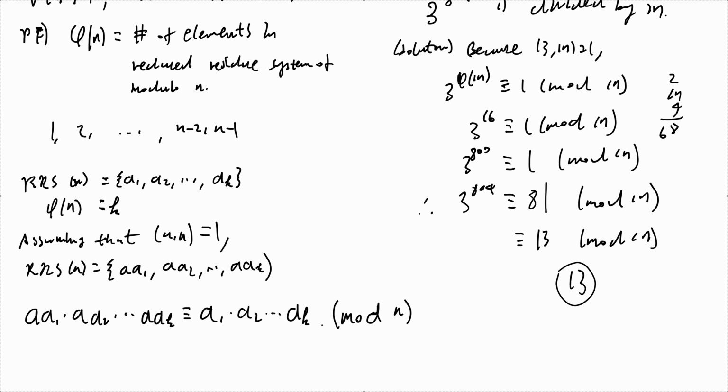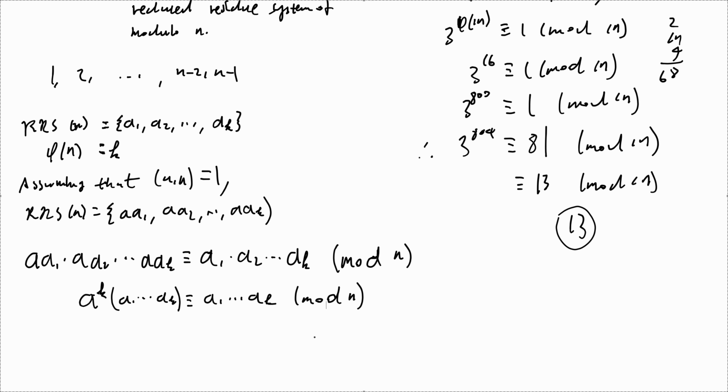Okay, now how many a's are there? There are k a's here, and then times a sub 1 through a sub k is congruent to a sub 1 through a sub k mod n.